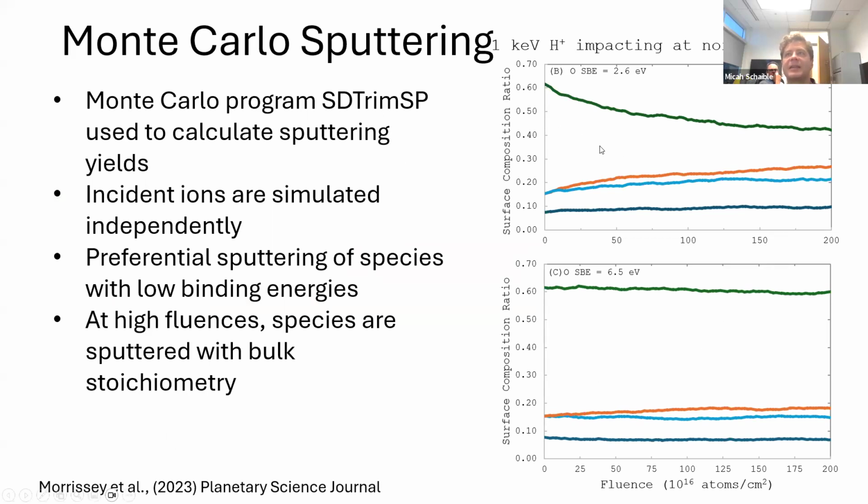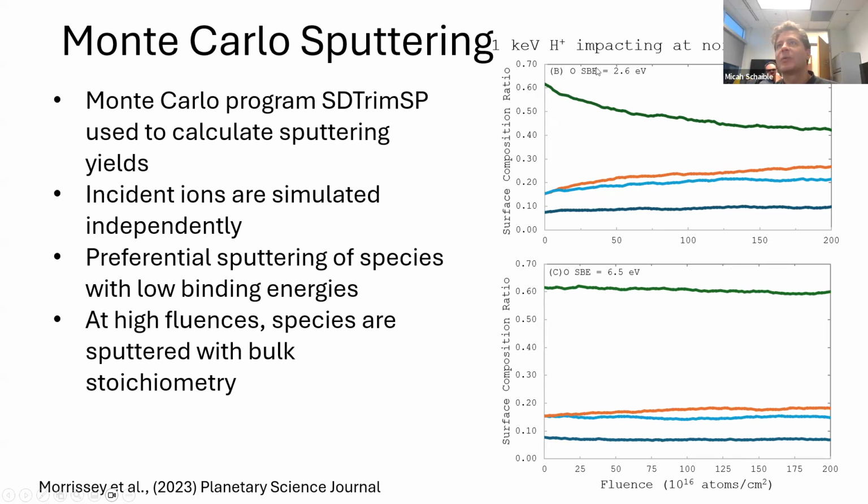We can impact these simulated ions into, here I'm showing the impacts of a 1 keV H+ into an anorthite composition. And so we see that depending on the chosen surface binding energy of oxygen, you can get very different sputtering behaviors as a function of that incident ion fluence.